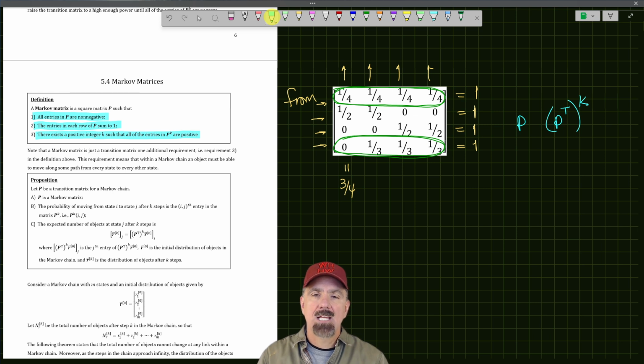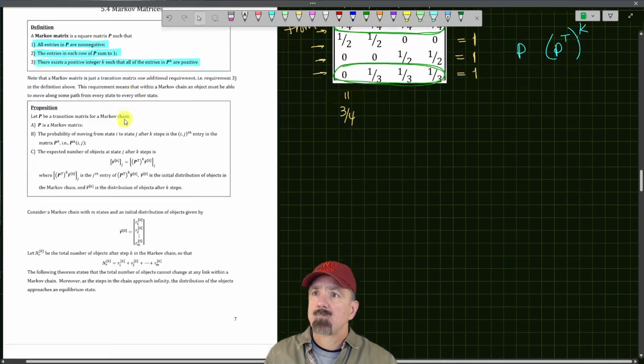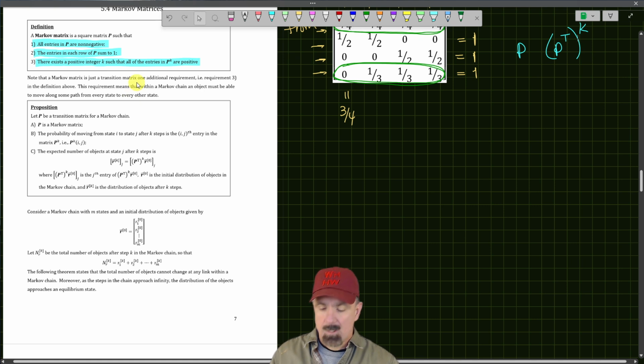We have to be able to get from any state to any state somehow after some number of transitions, after some number of steps. That's a big requirement that applies to Markov matrices that does not apply to transition matrices, and we'll see that in just a minute.